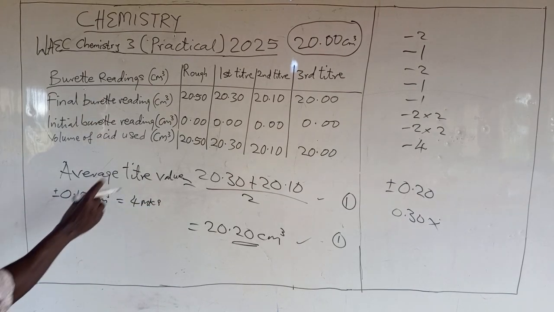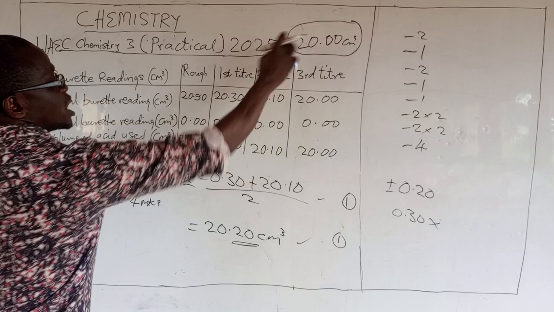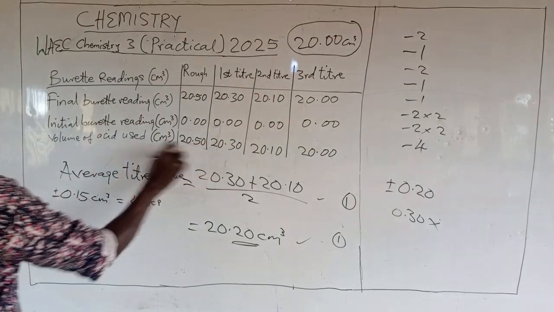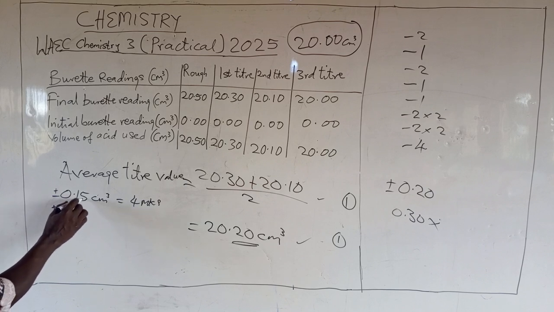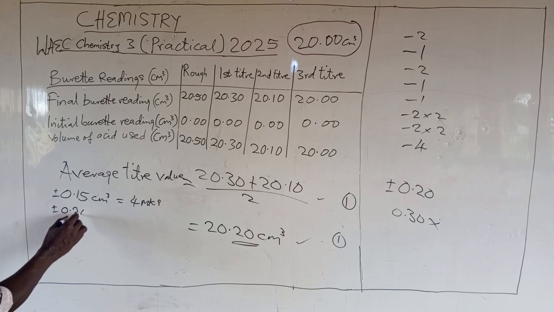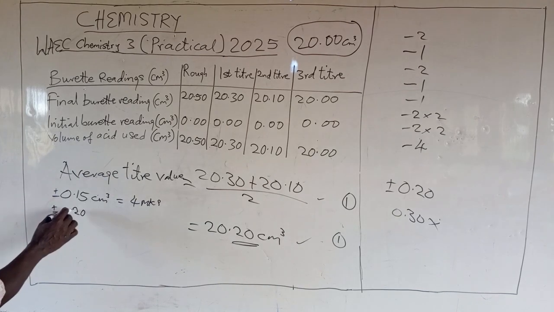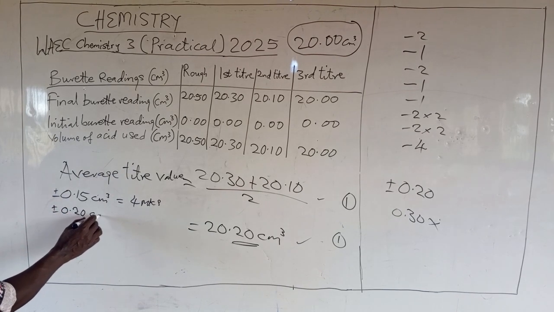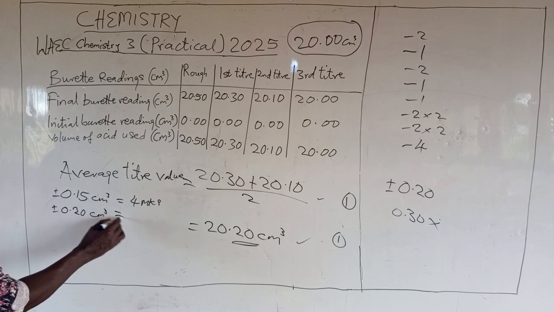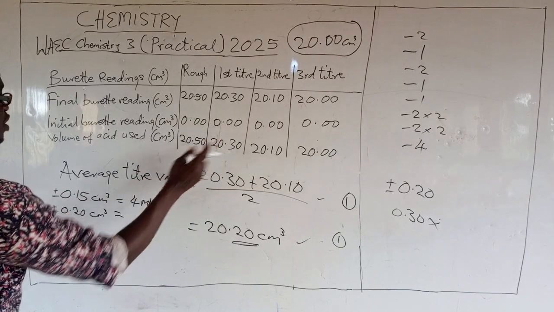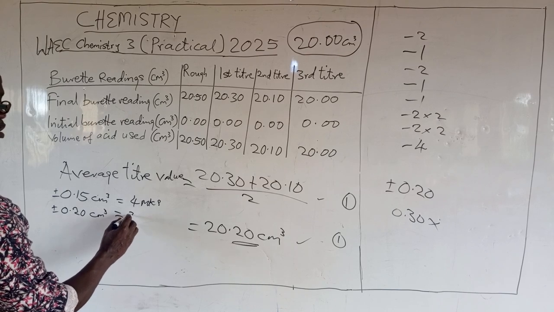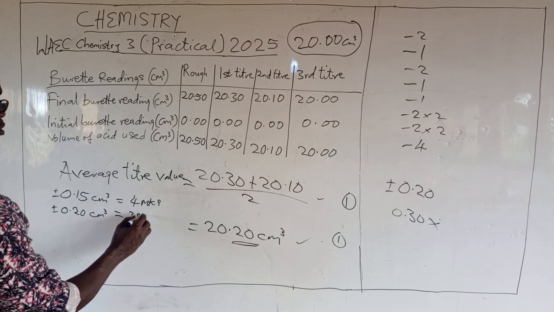When you have the difference between your teacher's value and your own value, now it's increasing from 0.15 to 0.20. If the difference is this cm3, you will lose 1 mark. From 4 marks that they're supposed to have given you, you have 3 marks.